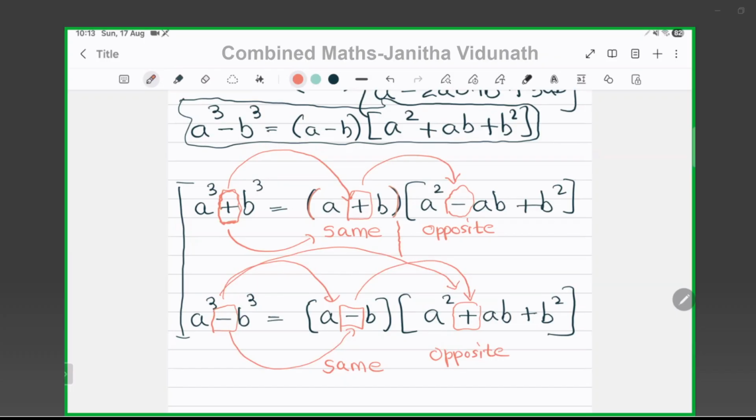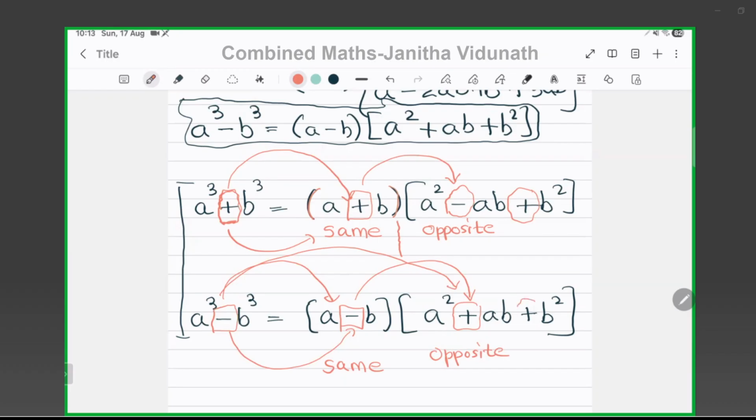Both for a cube plus b cube and a cube minus b cube, the pattern is same for both factorizations. Then the final sign is for both terms, both methods.